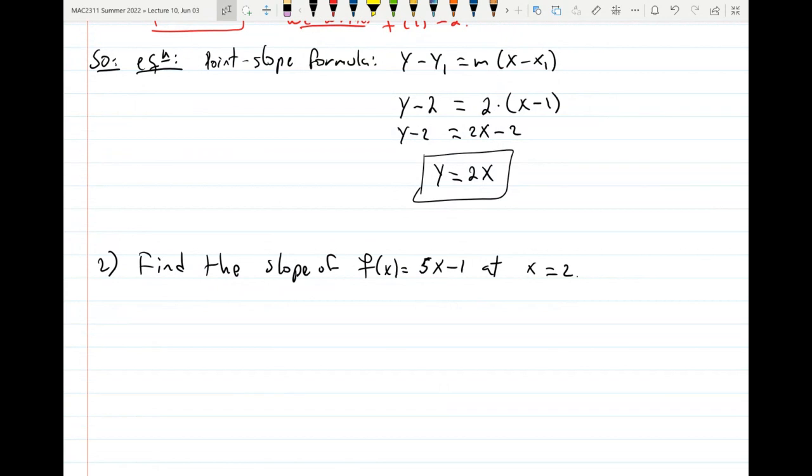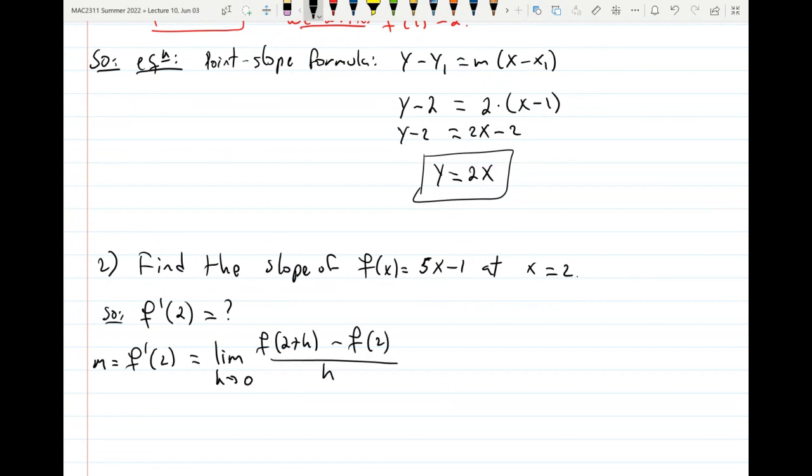In other words, now that we've introduced the notation, what is this? Okay, so let's compute it. The slope, this is our m, which is f prime of 2, is going to be the limit as h approaches 0 of f of 2 plus h minus f of 2 over h.